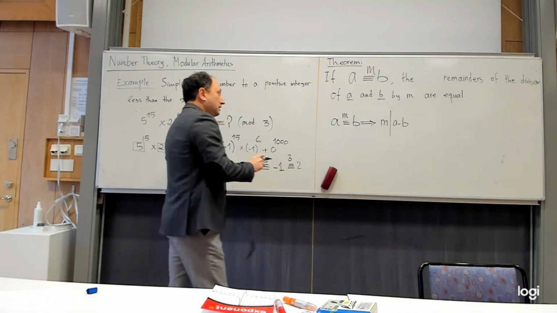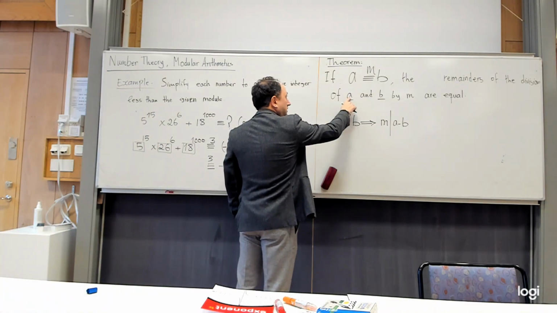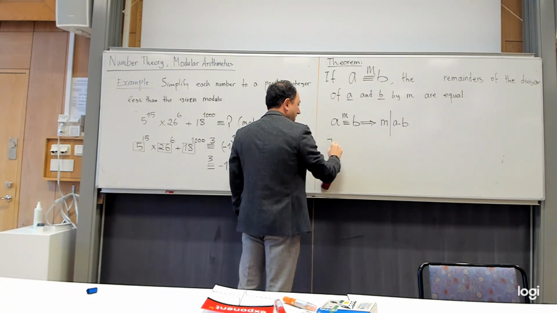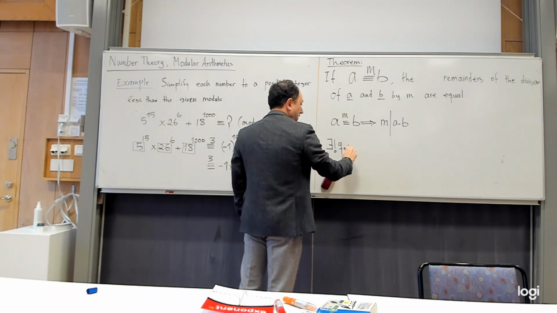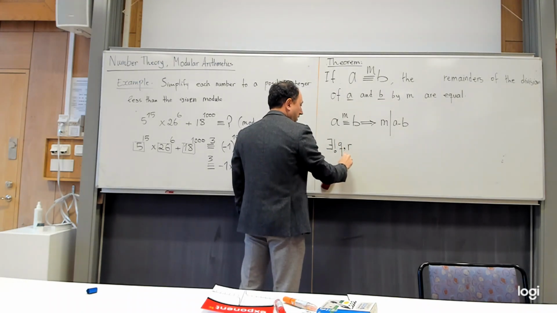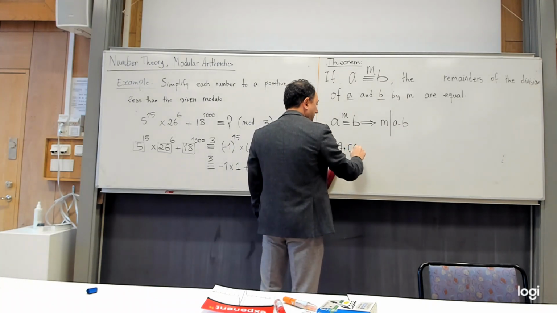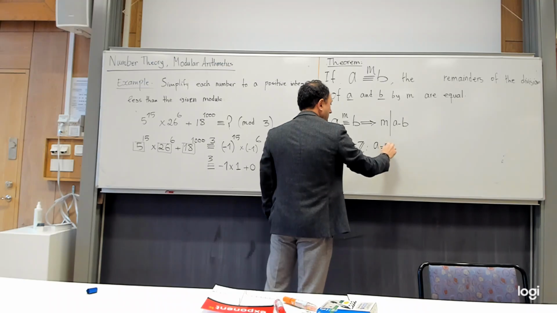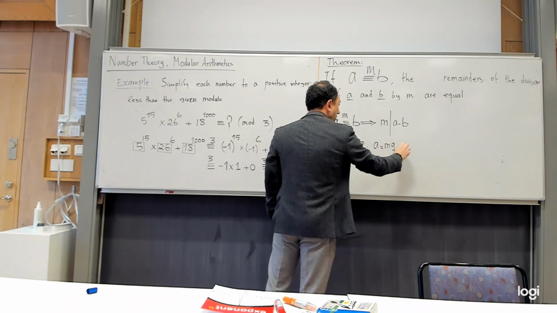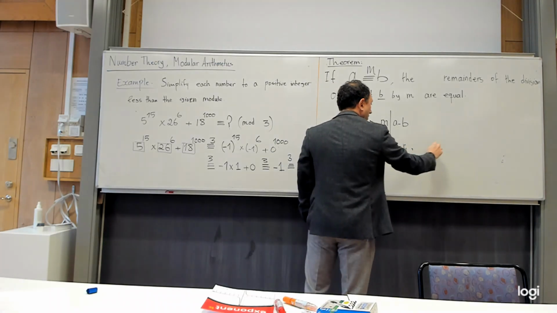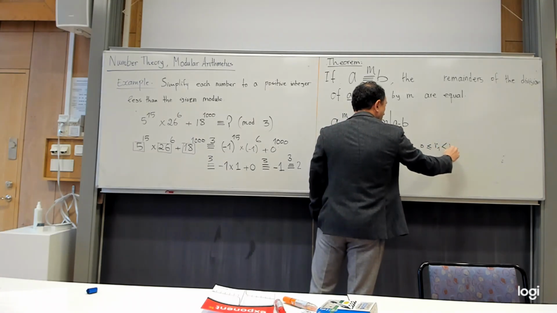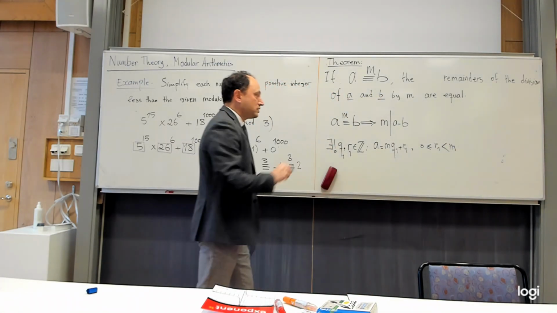Okay, now let me divide A by M. The division algorithm tells me that there exists a unique Q1 and a unique R1 in Z such that A is equal to M times Q1 plus R1, where R1 is between 0 and M. Do I need an absolute value for M here?